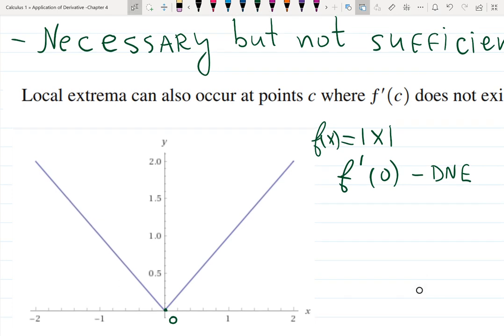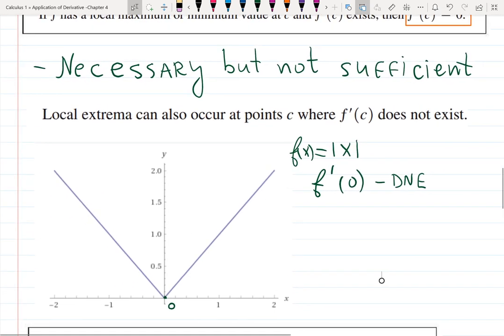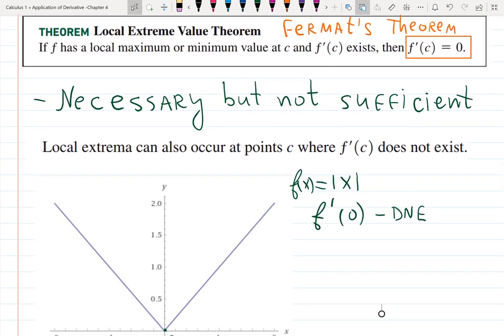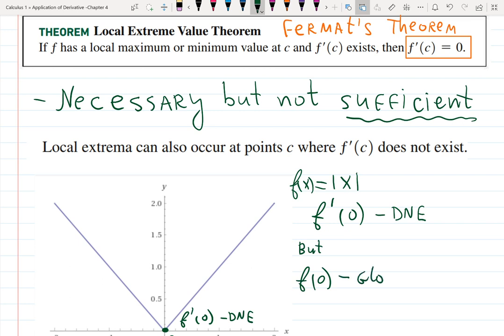So, Fermat's theorem tells you, look, where derivative is 0, but it's not sufficient. There are more cases: f prime of 0 does not exist over here, but f at 0 still has a global minimum.